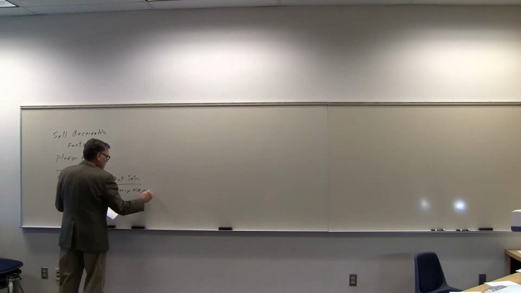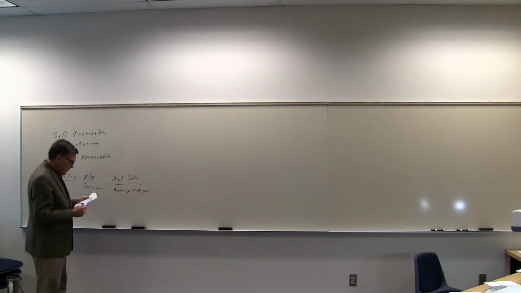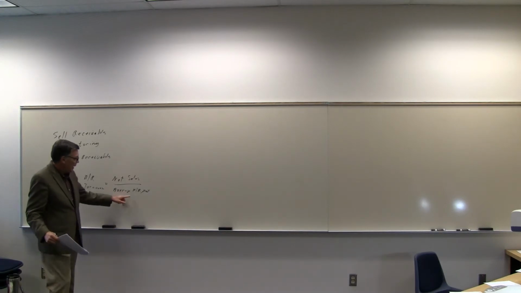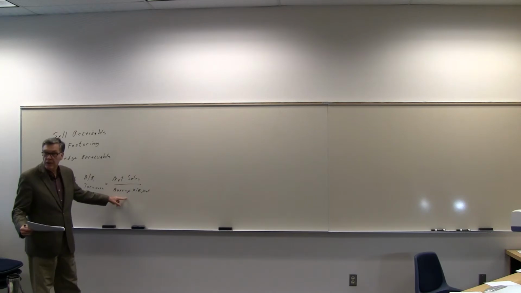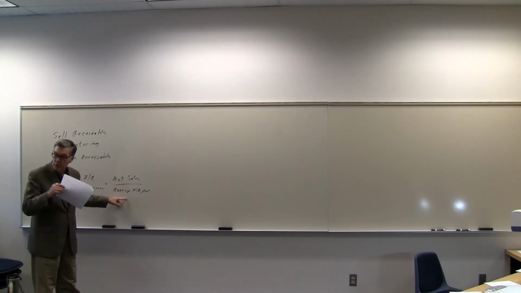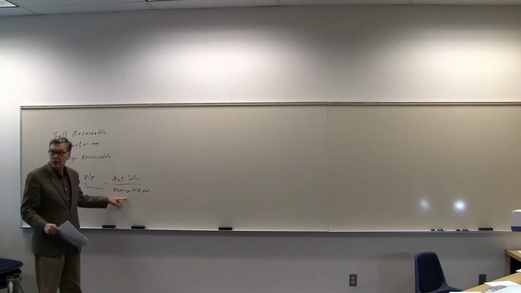And it's net, okay? And the average accounts receivable, of course, so you guys remember, when the denominator is an average like this, you take the accounts receivable at the beginning of the year and the end of the year, add them together and divide by 2.